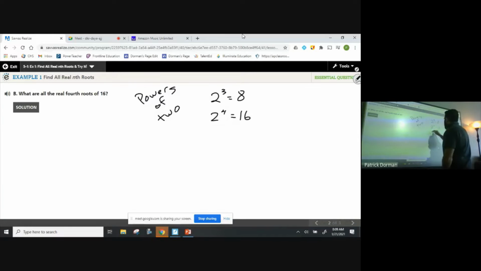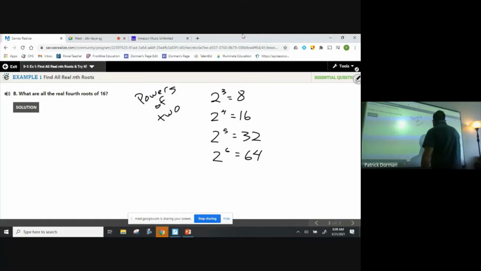You just keep doubling these things. So 2 to the 5th is 32, and 2 to the 6th is 64.